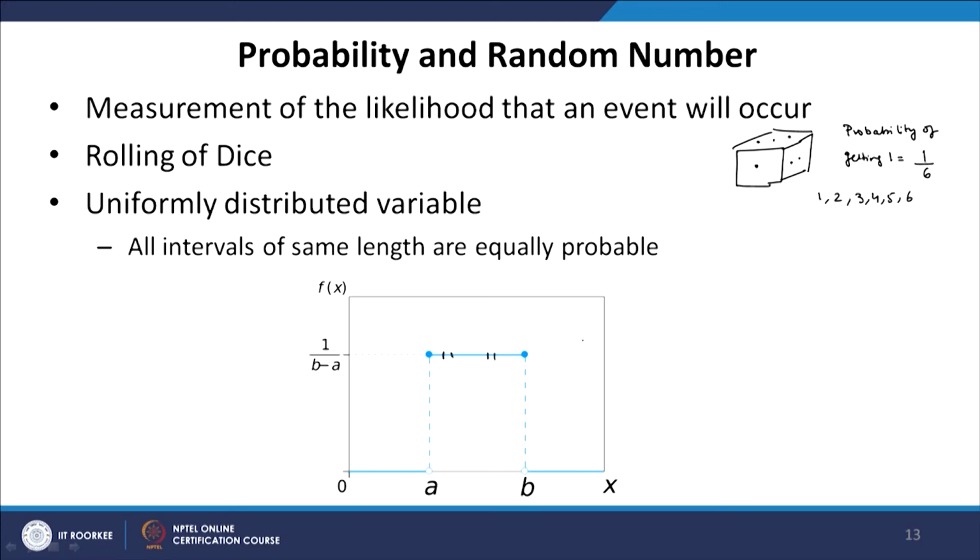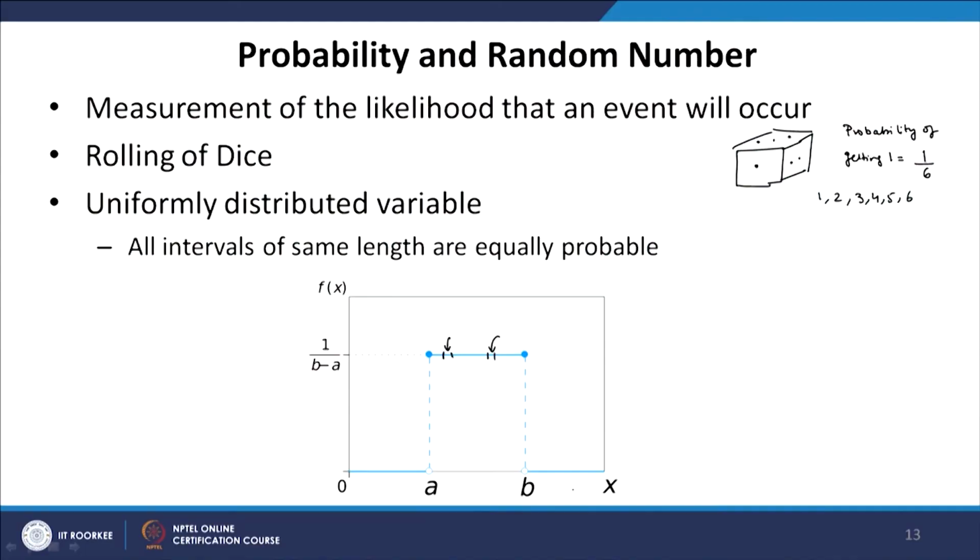If our distribution varies from A to B, then the probability of finding a number in this range is the same as the probability of finding the number in that range. That is what we mean by a uniformly distributed variable, as opposed to other distributions like Gaussian distribution, gamma distribution or Poisson distribution. Uniform distribution means that the probability of finding a number is uniform throughout the interval.